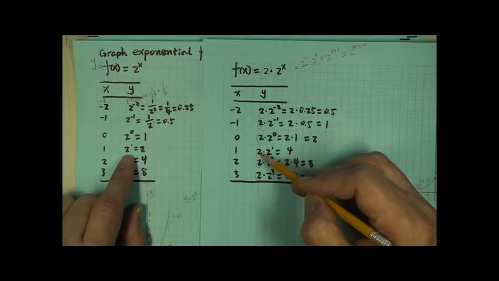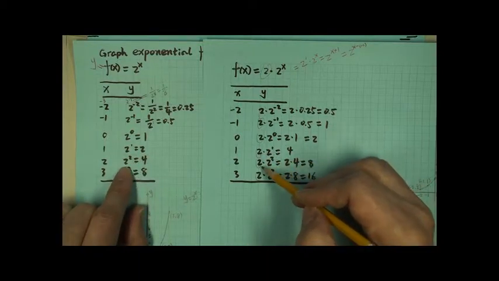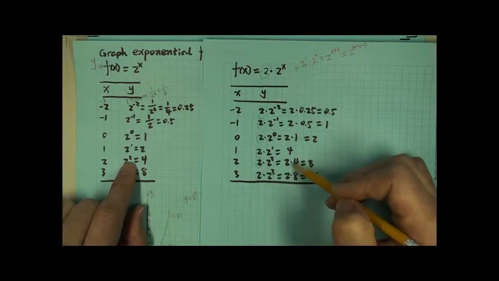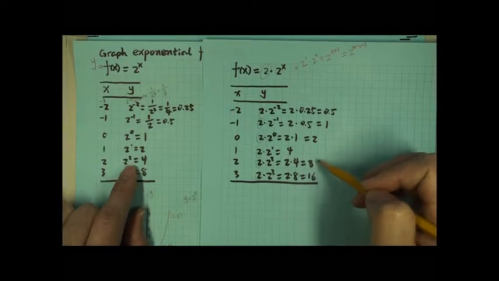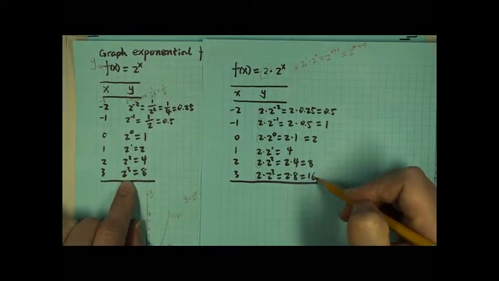Here you use 2 times that, you have 4, and 2 times 2 squared, so 2 times 4, you have 8, and here you have 16.